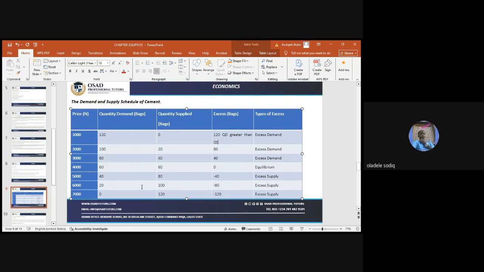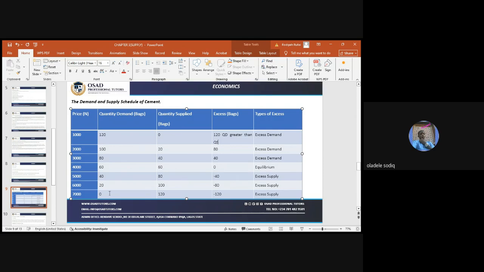Yes. All right. Now, when the quantity demanded is 20 here, the quantity supplied is what? 100. So it means quantity supplied is higher than the quantity demanded. It means we have excess supply. Now, here I didn't demand, that's why we have a 0 here.